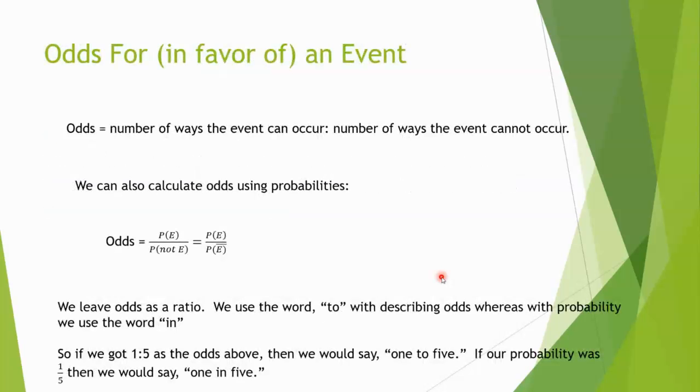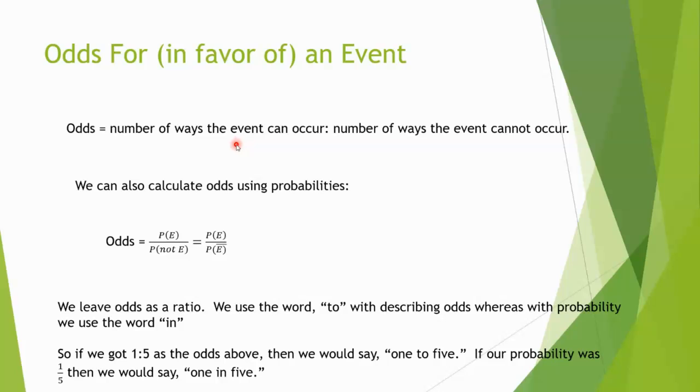So first, let's look at this. This is the odds in favor of an event occurring. Notice here actually that we have a ratio. We have a colon here. The odds is not written as a fraction. I mean, here it's a fraction, but in the end, it's nothing more than just a ratio. It's always going to be a ratio. And we can use probability to calculate it, but it's always going to be written as a ratio.